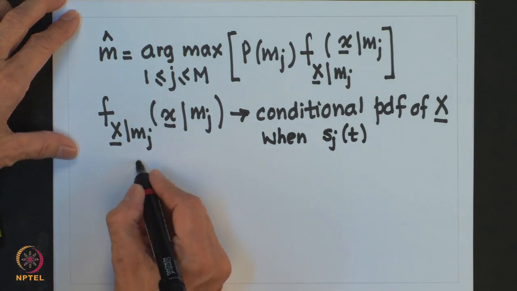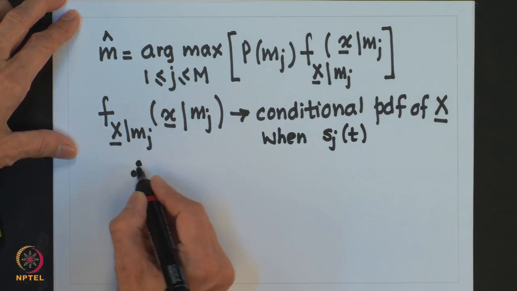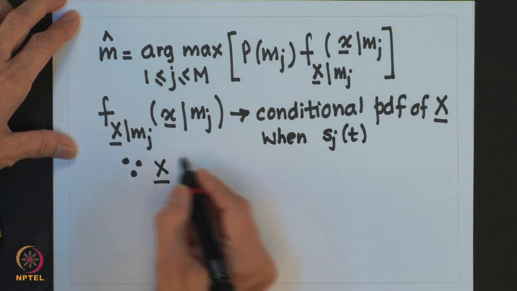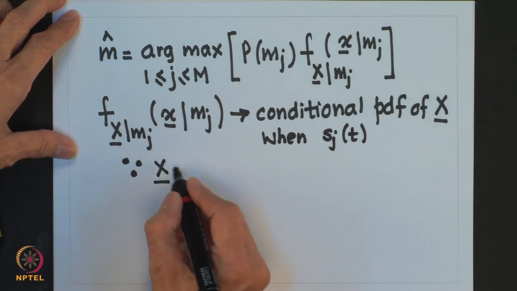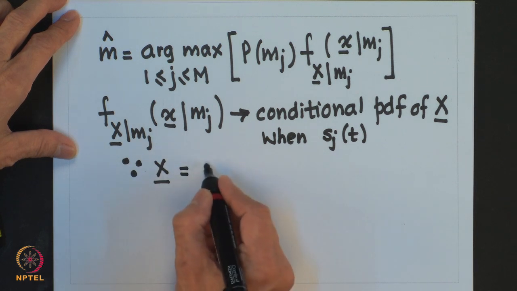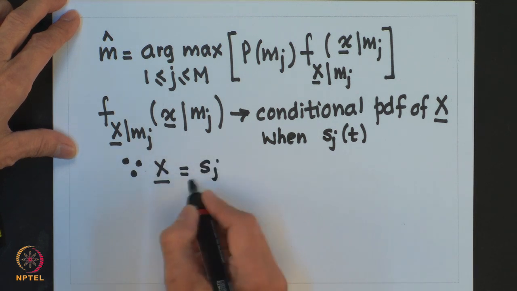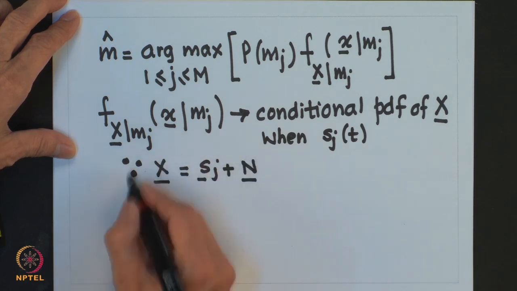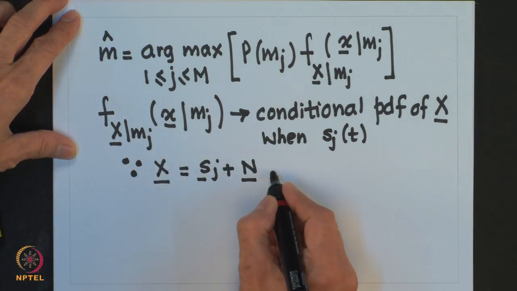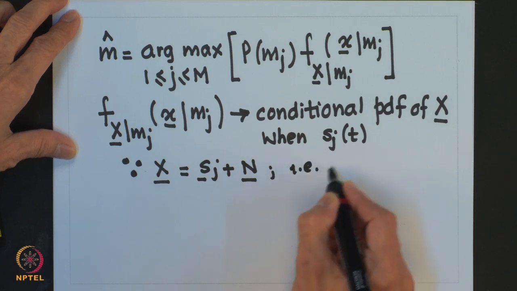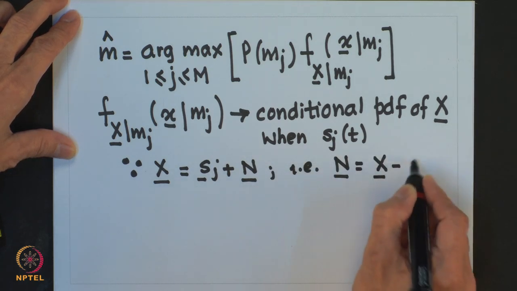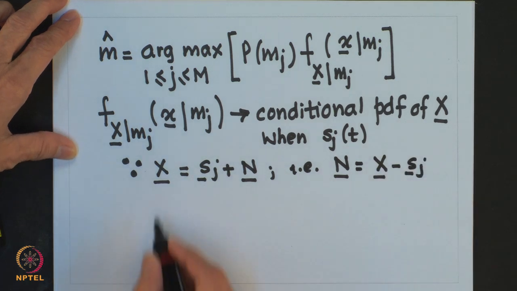Now, we know that our received projected vector satisfies this relationship, that is, your noise vector is equal to x minus s_j.